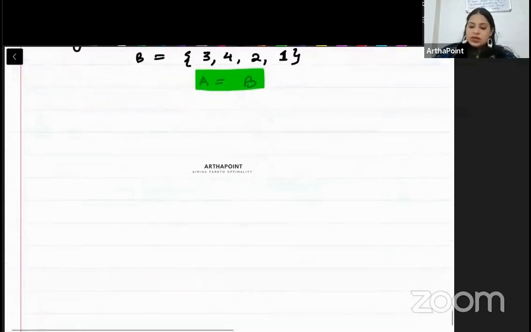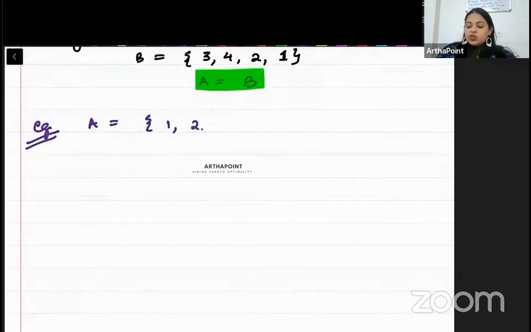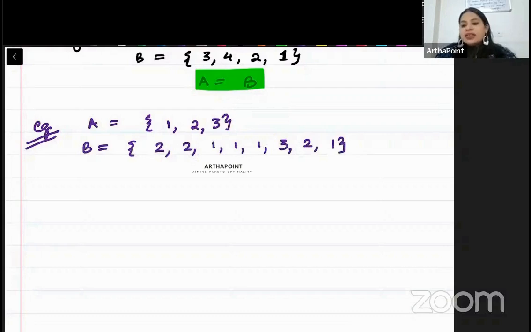Achha, take another example and tell me whether they are equal or not. Now what I'm doing is I'm saying A is beta 1, 2, 3. But I'm saying that B is 2, 2, 1, 1, 1, 3, 2, 1. Are these equal or not? The answer is yes. Beta, a set contains unique elements.